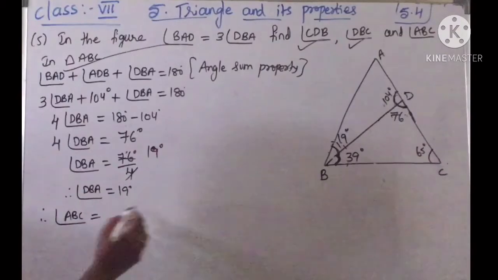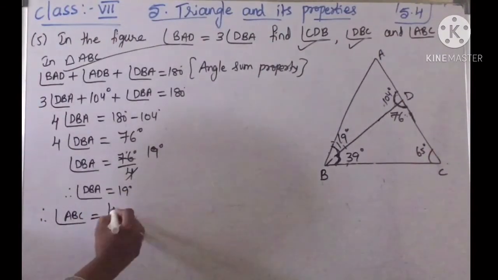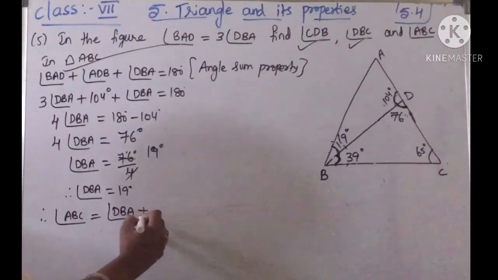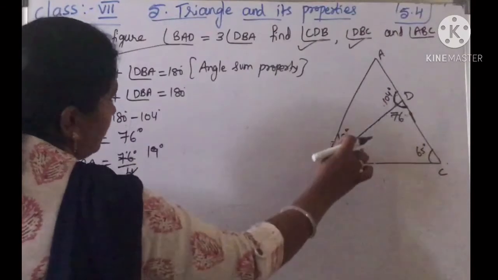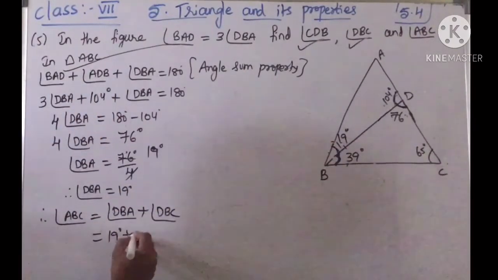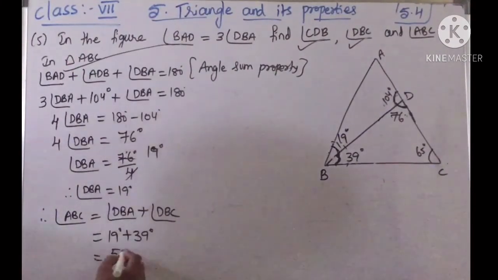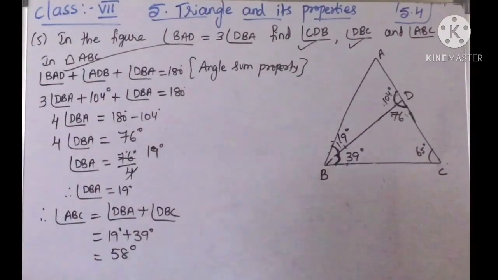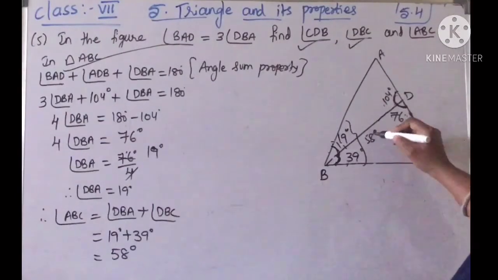ABC is nothing but, here it is divided into two angles, that is angle DBA plus angle DBC. That is nothing but 19 degrees plus 39 degrees. 19 plus 39 gives you 58 degrees. So finally we got the angle ABC as 58 degrees, meaning the sum of these two angles is 58 degrees.